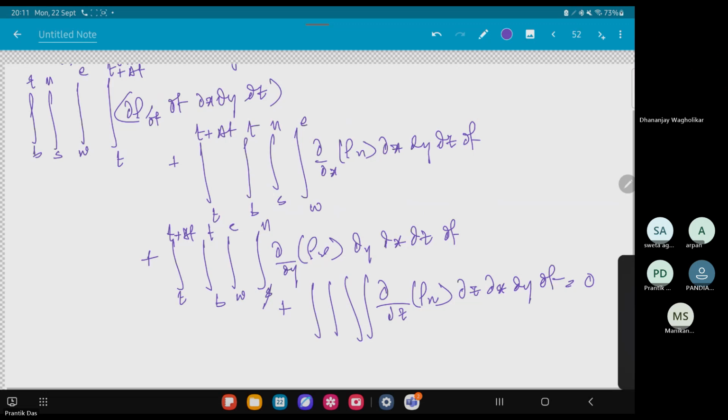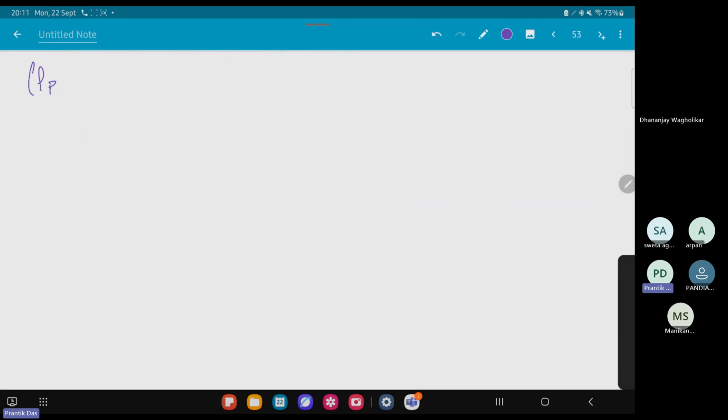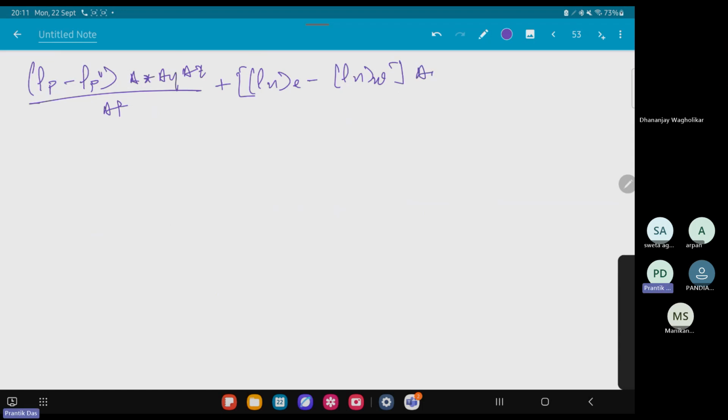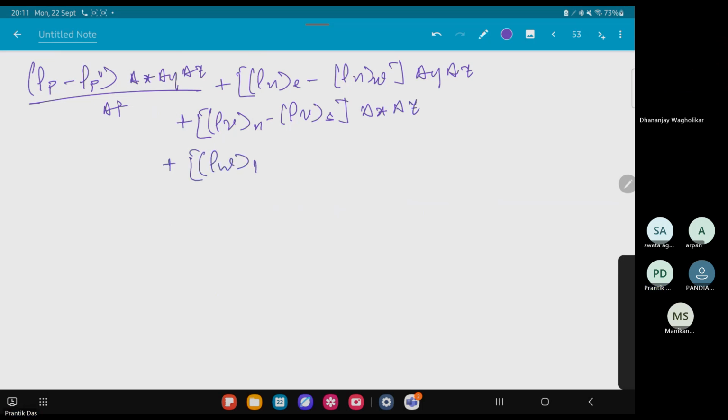Yes, sir. Okay. So this can be further modified into rho P minus rho P naught, times delta x, delta y, delta z divided by delta t, plus rho u e minus rho u w times delta y delta z, plus rho v n minus rho v s times delta x delta z, plus rho w top minus rho w bottom times delta x delta y equal to 0.